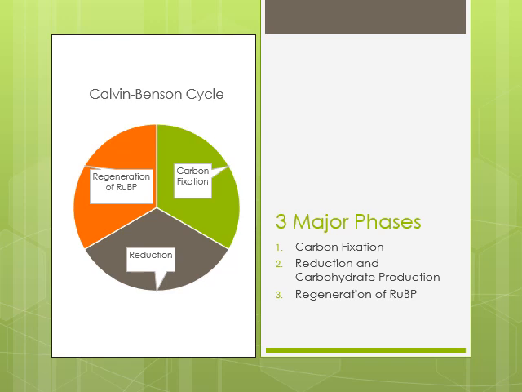I'm going to go through each of those phases in detail. But please note, it is a cycle. You're going to start with the same thing you end with. So fixation, reduction, regeneration. What do I mean by reduction? Gaining an electron.